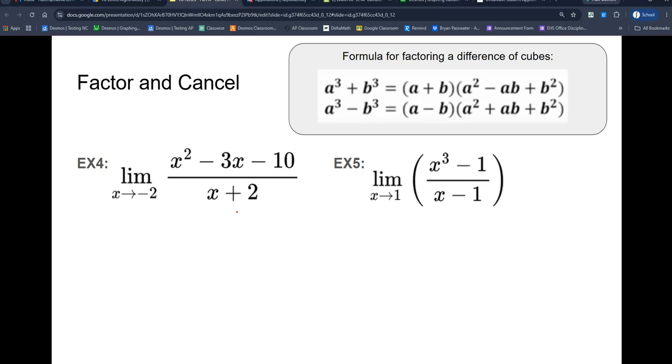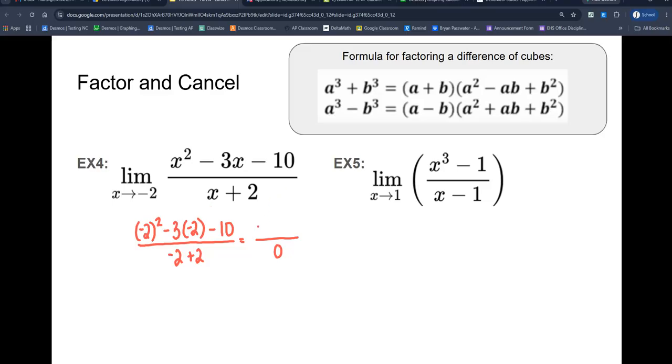Okay, so you're supposed to try direct substitution every time. If I try direct substitution here, I will have -2 squared minus 3 times -2 minus 10 over -2 plus 2. I can already tell it's not looking good because I got 0 in the bottom.